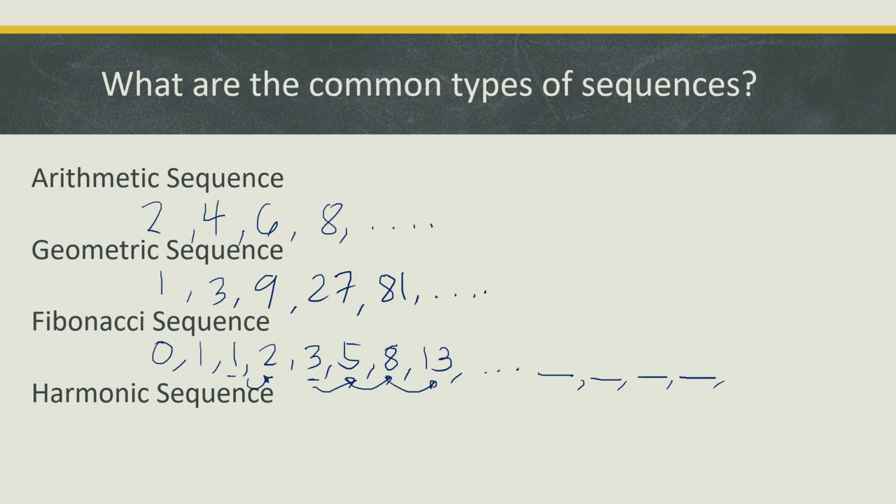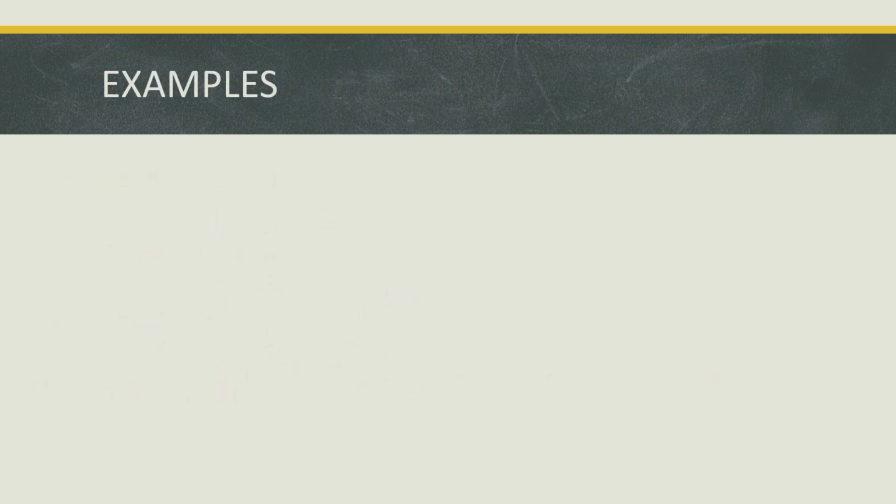This is a kind of higher lesson for sequences, so we will discuss it in another video so that we can better understand the harmonic sequence. Now, if you already know the types of sequences, we can answer the common questions about sequences.